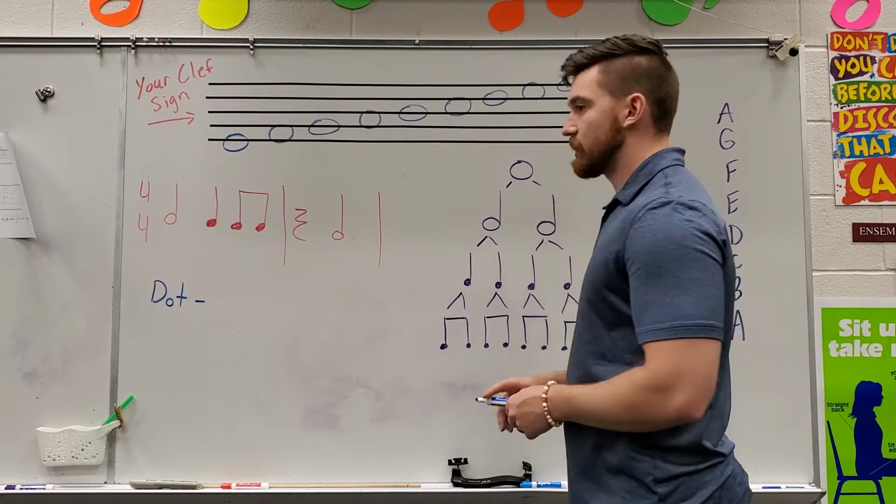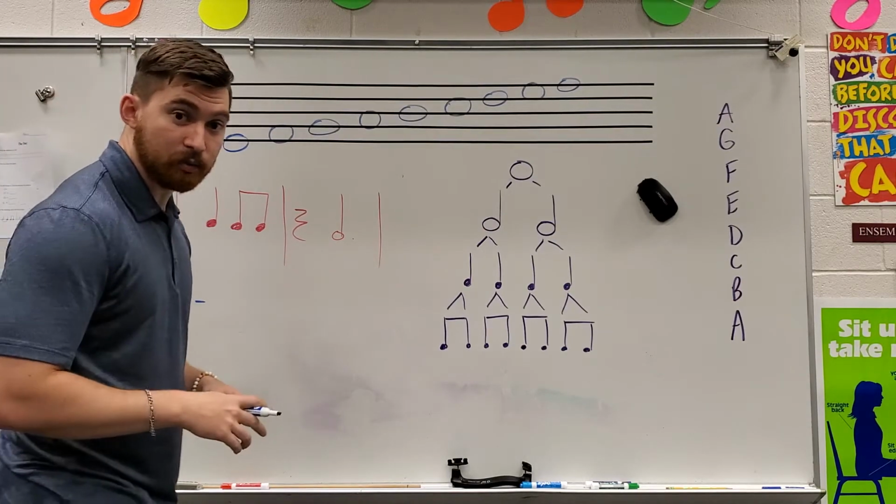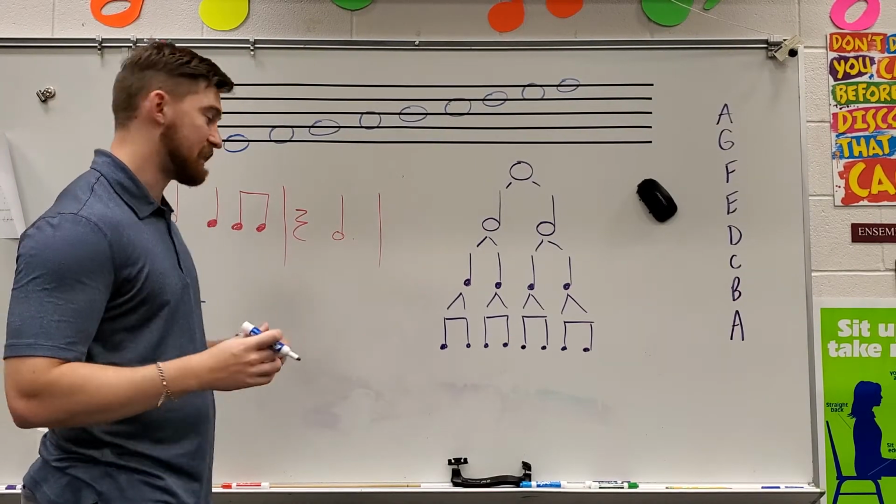So first we have to address what is the dot. If you're following along on the worksheet that's supplied in today's lesson, this is going to be at the top, the definition.